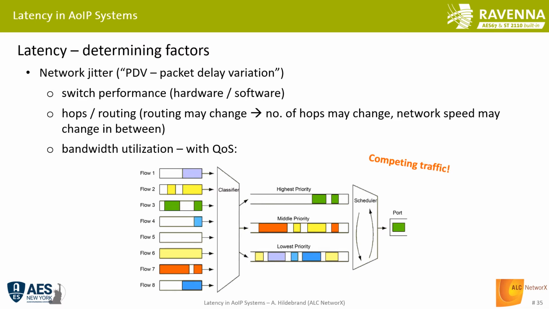So if we have competing traffic, that's what I mean, other audio streams with the same high priority, it may result in a fully filled, in this case, middle priority queue, and then those packets again experience packet delay variation up to the point where they are even dropped. Because the switch cannot transport more than the egress link bandwidth is providing, right? And if we have more traffic to be transported than we have bandwidth, packets will even get dropped, even with quality of service in place.